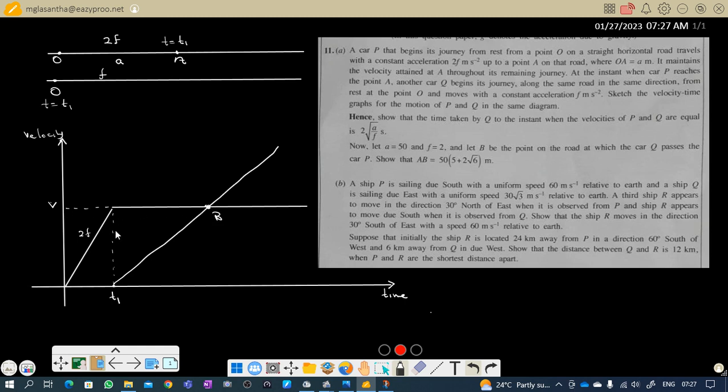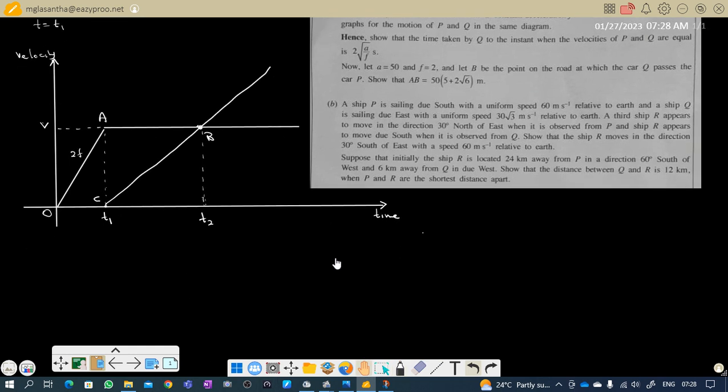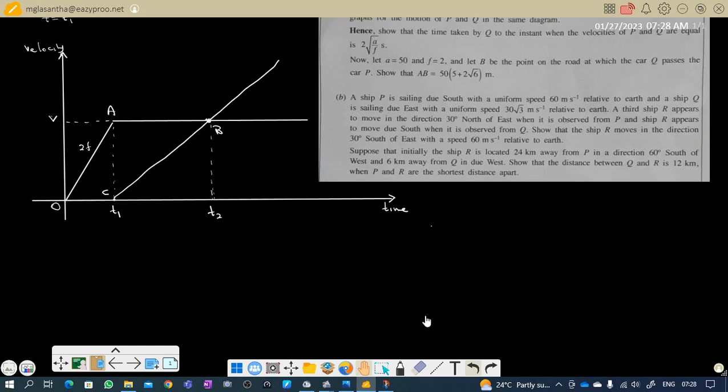Then how do you find v? If you take these points O, A, B, you can name C, D like that. Now you can take this time as t2.